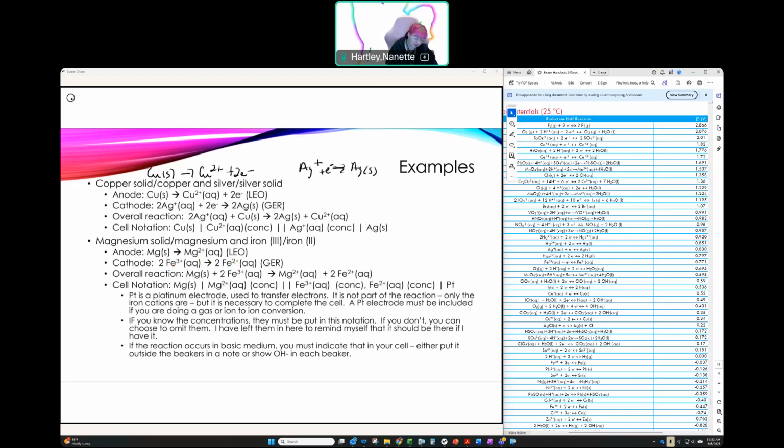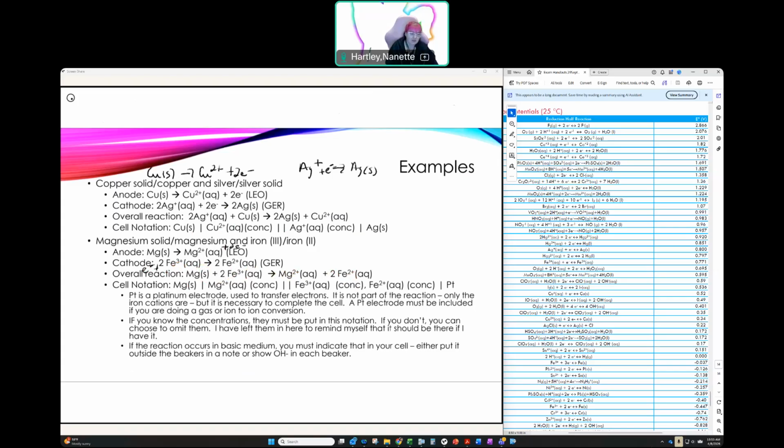Now I know that this particular process, this first one, I get 2 electrons out of that. In order to make Fe3+ go to Fe2+, I have to add 1 electron on this side. So that's why I multiplied this by 2 to get 2 electrons in both halves, and therefore I'm going to add them together. That would give me Mg solid plus 2Fe3+ going to Mg2+ plus 2Fe2+.